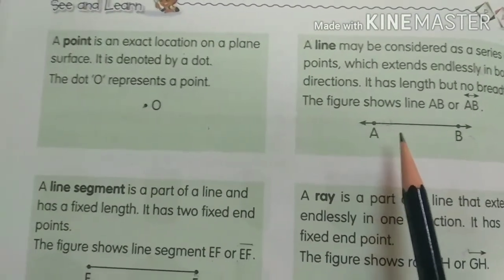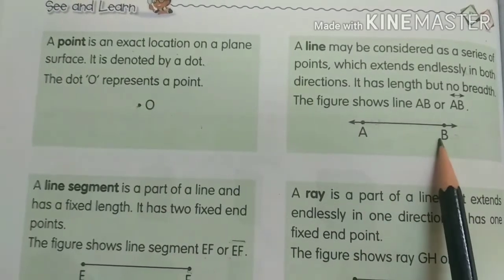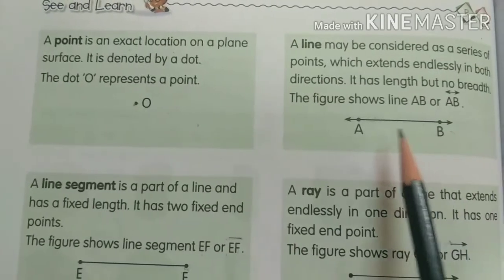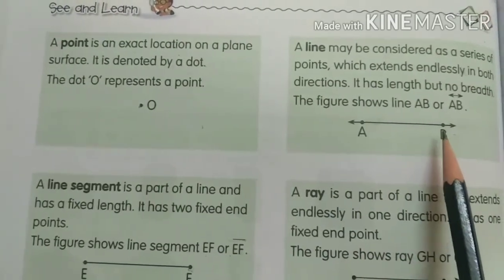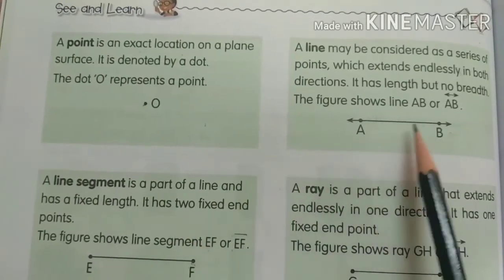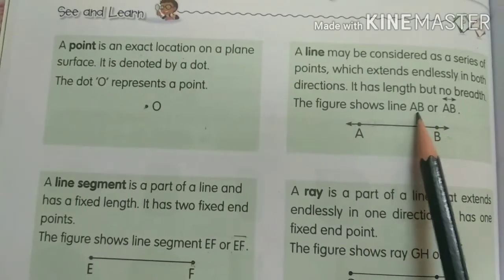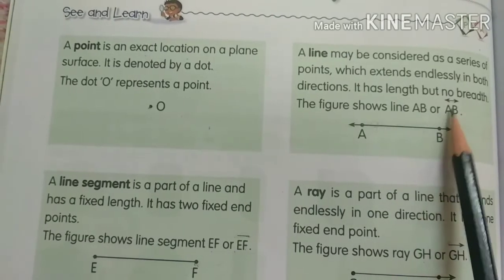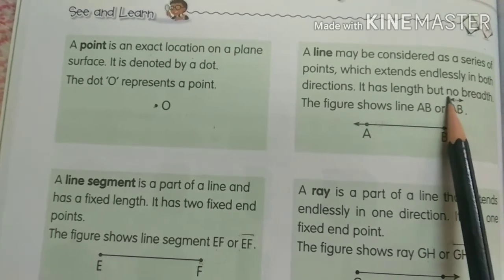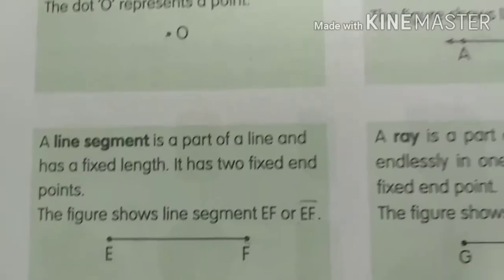A line has no end point in both directions. Both directions extend continuously. It shows line AB, and this symbol is the short form of line AB.